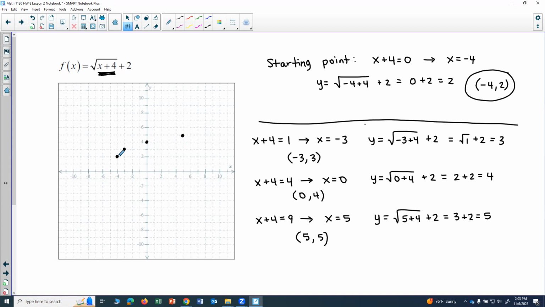Now, if I connect these correctly, I should get a nice smooth square root graph.